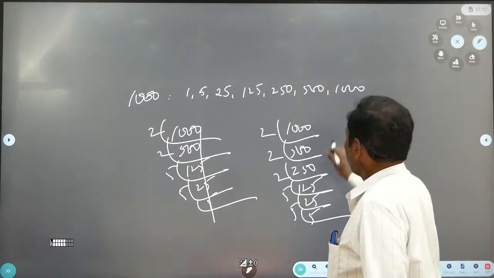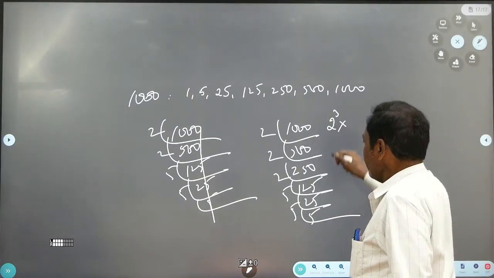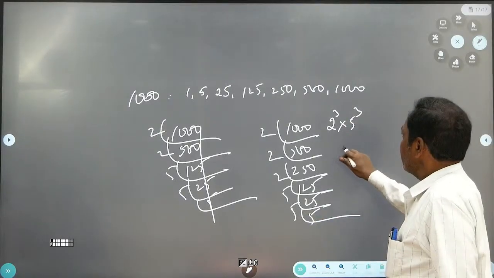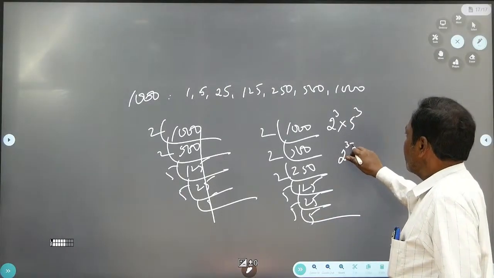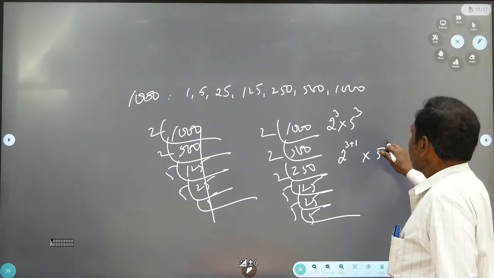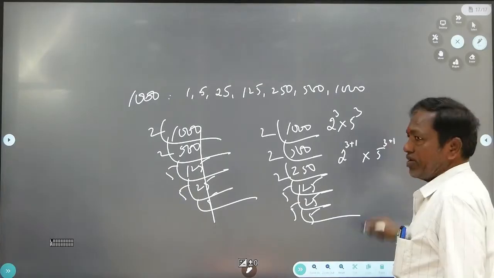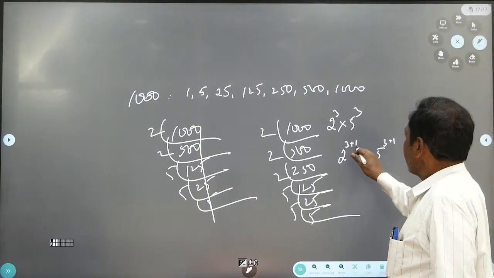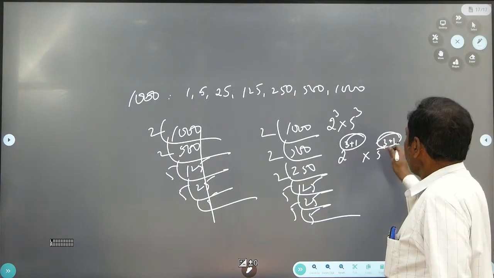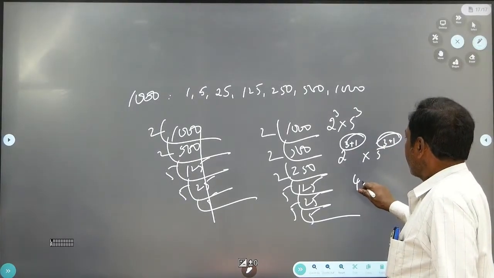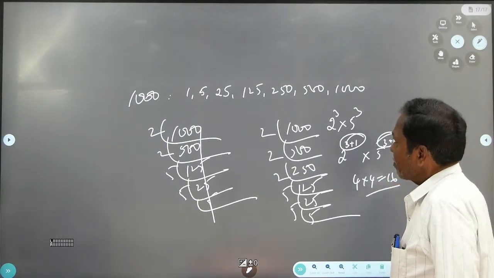So 2 cube into 5 cube, correct? What you have to do here: the 2 exponent value is 3, plus 1, multiplied by the 5 exponent value 3, plus 1. So 4 into 4, 16 factors are supposed to be there.